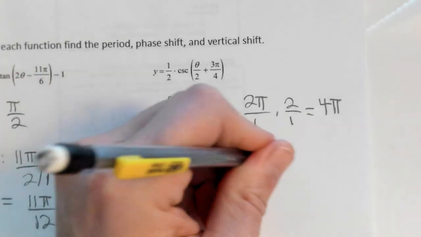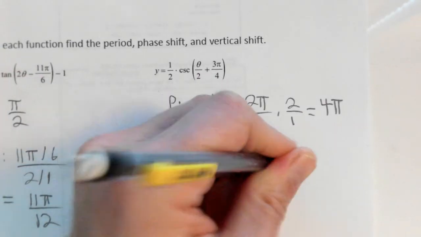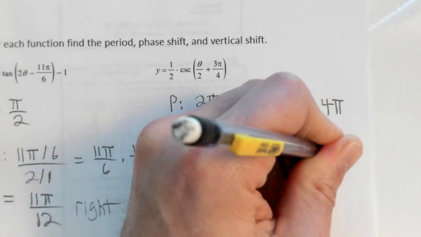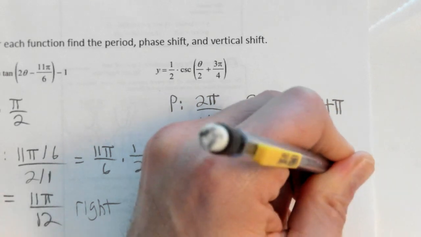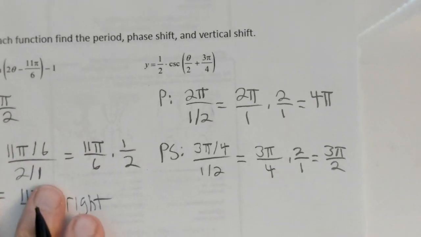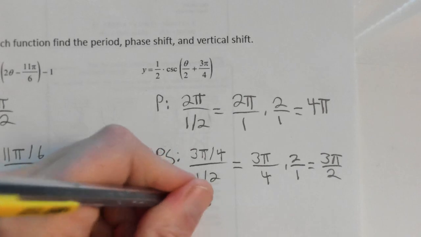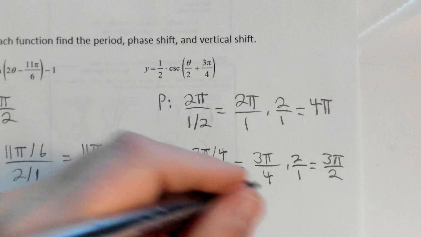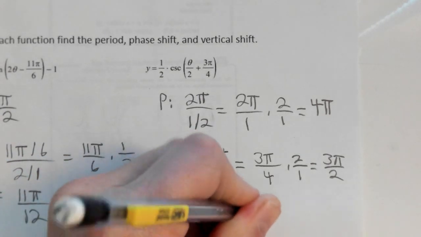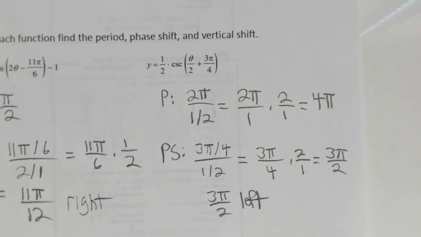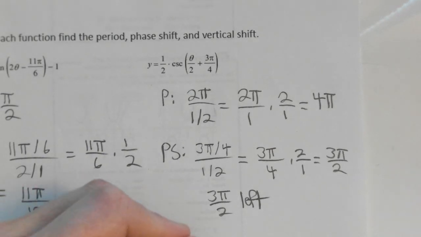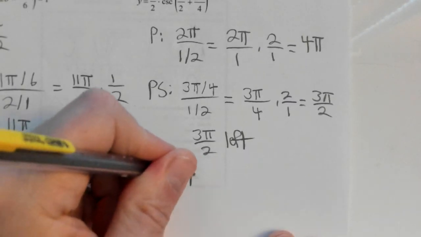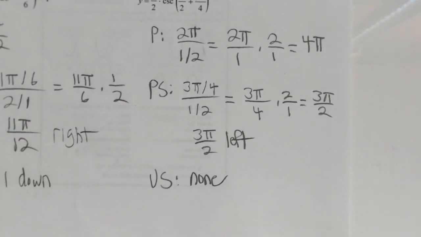And so let's see what that becomes. 3 pi over 4 times 2 over 1. So we've got 3 pi over 2. So now we can go back and take a look at the direction. 3 pi over 2. Plus there, we shift it to the left. Okay? And the only other thing we need to look at is the vertical shift. And in this case, there is none. All right, so there you go.